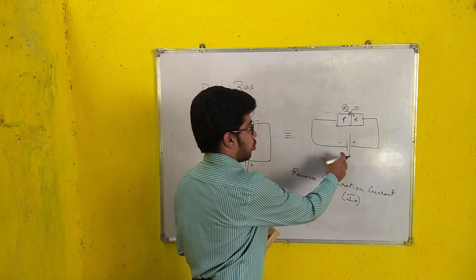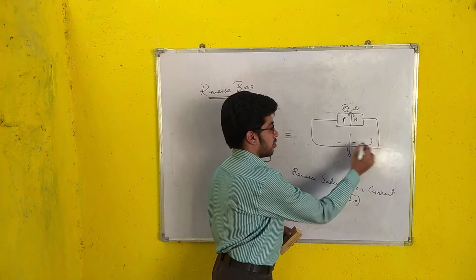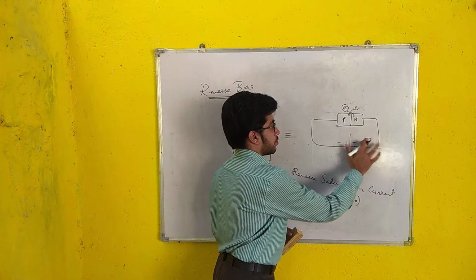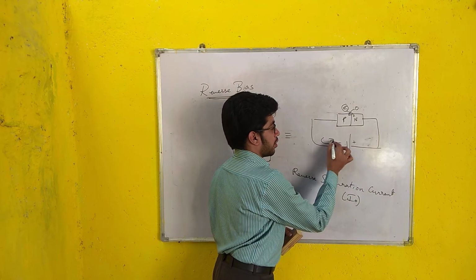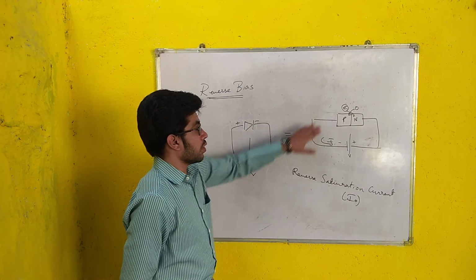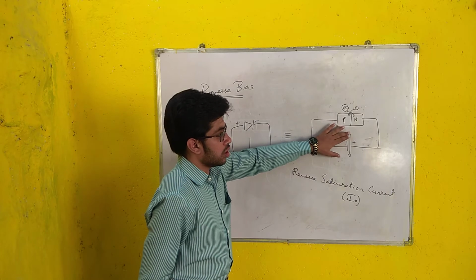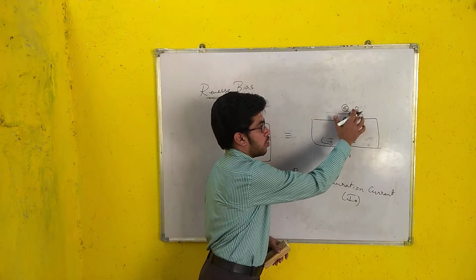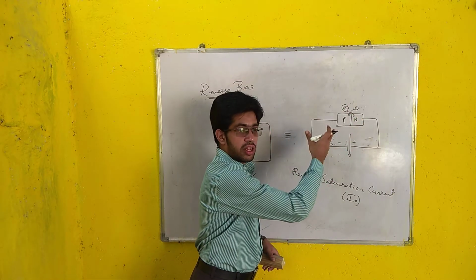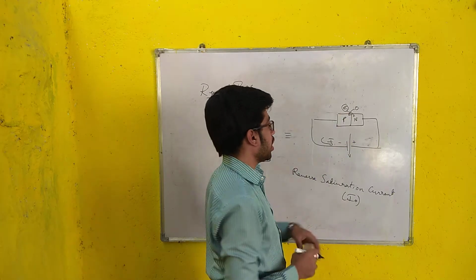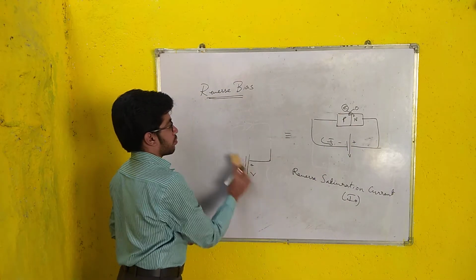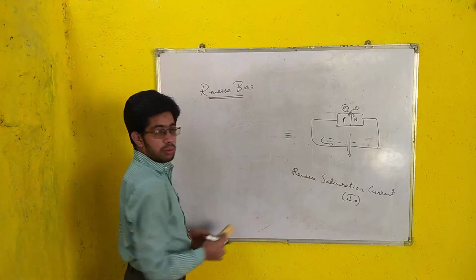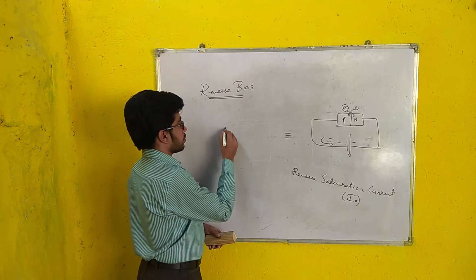Since the voltage is continuous, the current is also flowing, and electron hole pair combination also occurs simultaneously. After a certain time, here also a depletion layer will be created.